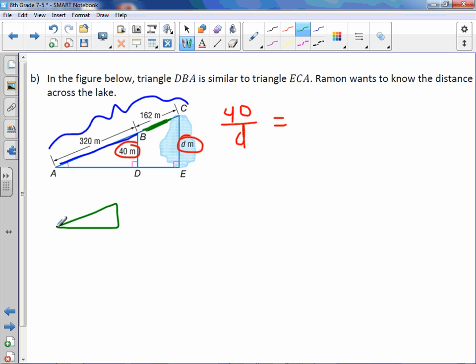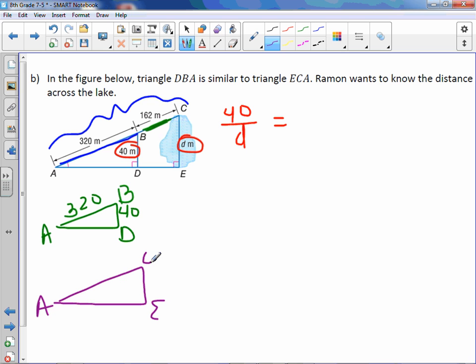We have two triangles. We have A, D, B, where this measures 40, and this measures 320. We then have a bigger triangle, which is A, E, C. This length is D, and we don't know this length right here.